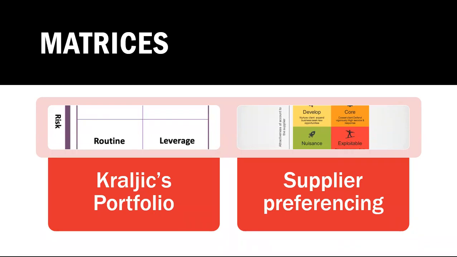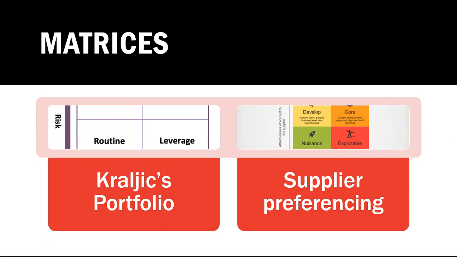For example, routine items are very small in value and low risk, so we can delegate the procurement task to another function or automate it, or we try pooling these items into a big contract and run a tender for it.